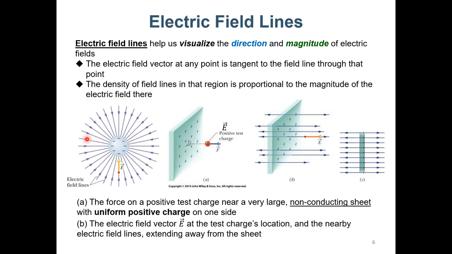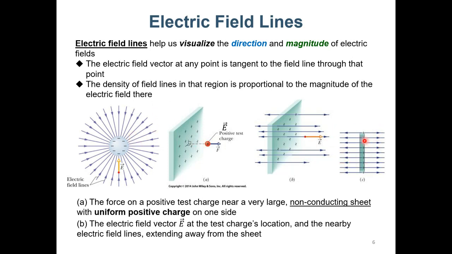For example, for this part, as you see, the lines here are more dense, so the E field here is stronger. And for this part, the E field lines are less dense, so the E field here is weaker. It didn't tell you how large it is, but relatively it can tell you the E field here is larger than there.